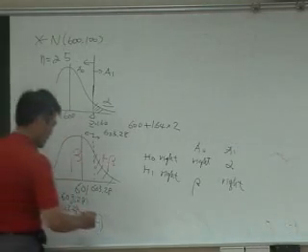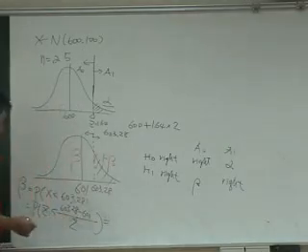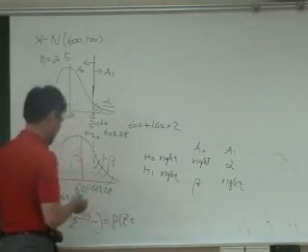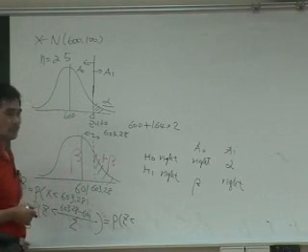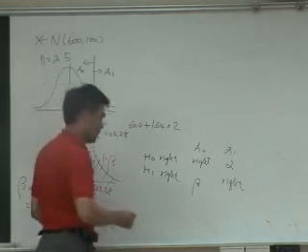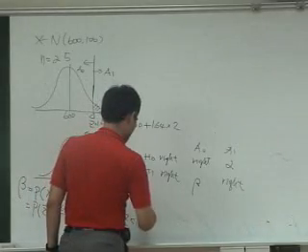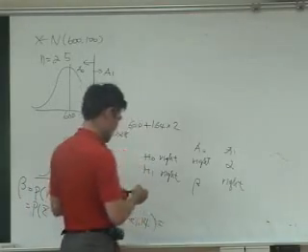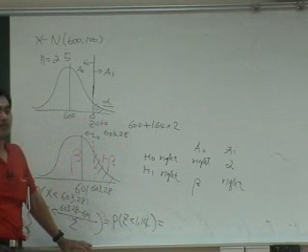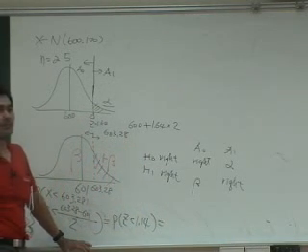So again, please help me calculate this number. What is that? P of z less than how much? 1.14, right? 1.14. And what is the probability?